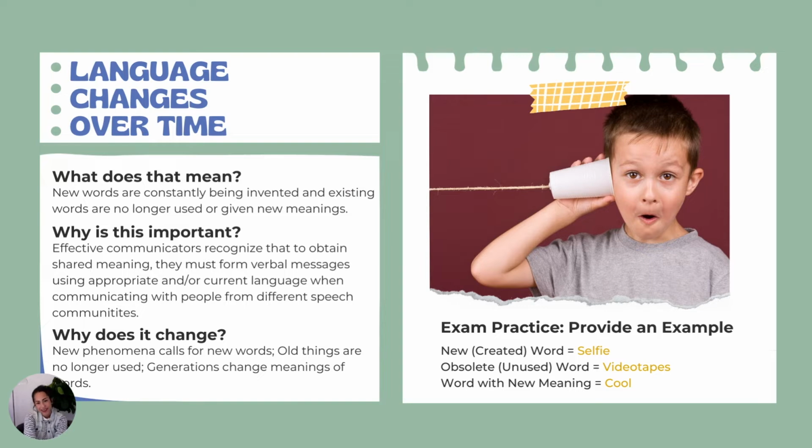Okay, so here are my examples. I said selfie. The word selfie had to be created to describe a new phenomenon, meaning that people started taking pictures of themselves a lot, and that was an acceptable thing to do. So we had to think of a word that described that action. The next thing I said, an obsolete word: videotapes.